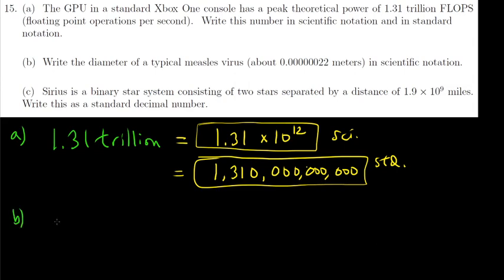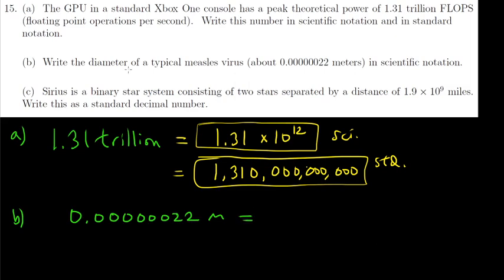So a typical measles virus is about 0.0000022 meters, right? And I'm guessing the coronavirus probably is a very similar size. Write this number in scientific notation.